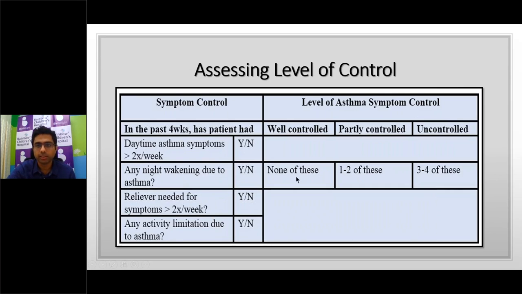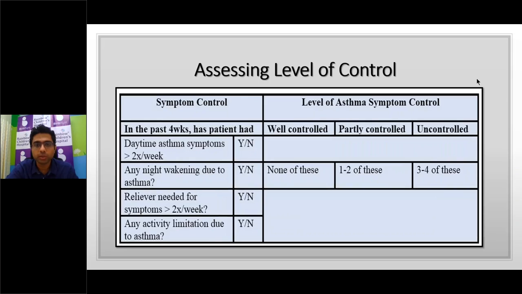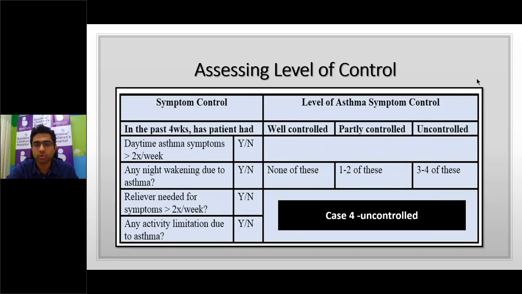If all the questions are negative, it is well controlled. If half of the questions are positive, it is partly controlled. If the majority of the questions are positive, then you have poorly controlled or uncontrolled wheeze or asthma. So if you take our previous child, he will fall into uncontrolled asthma because he has 3 questions which are positive.